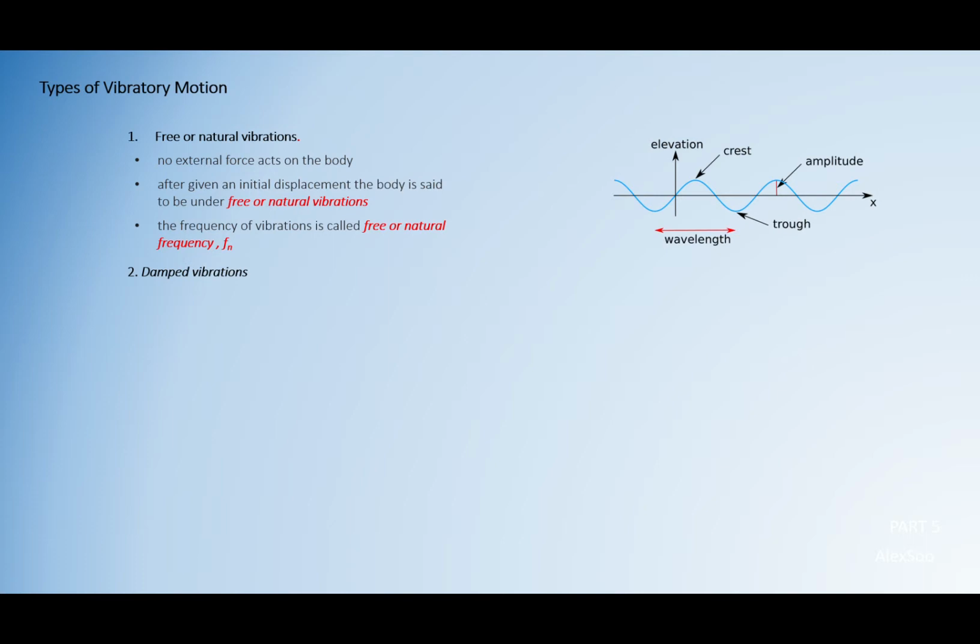So the next one is the damped vibrations. There is a reduction in amplitude. In the previous case, there is no reduction in the amplitude; the amplitude always remains constant. The amplitude that we measure from the x-axis to the crest or to the trough of the curve is called the amplitude.